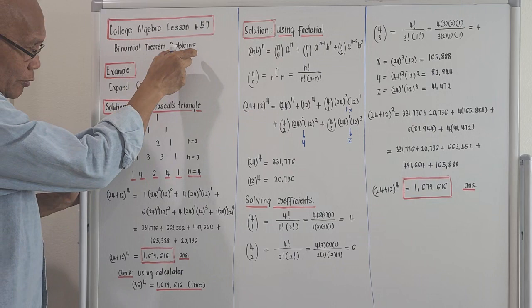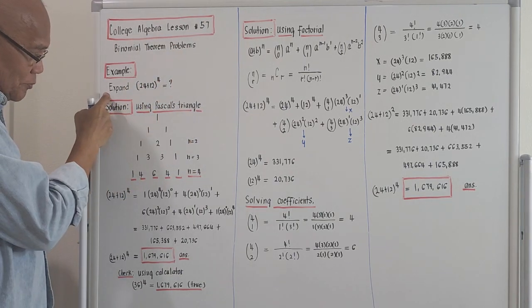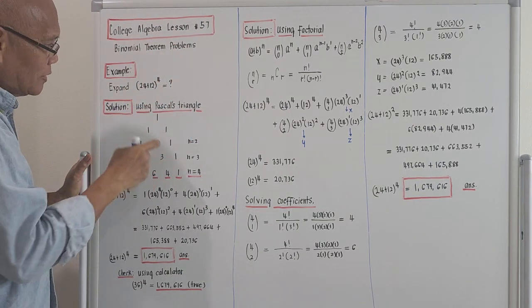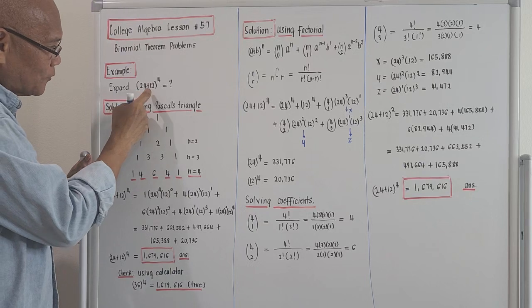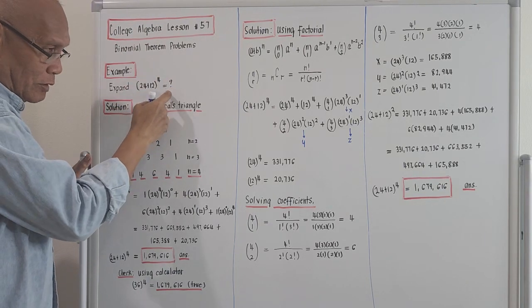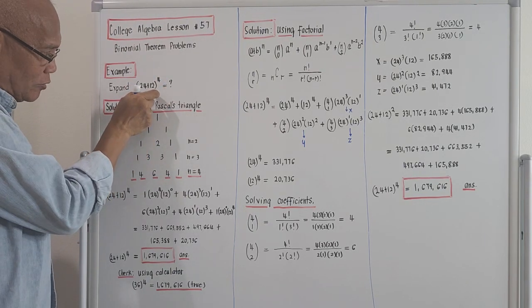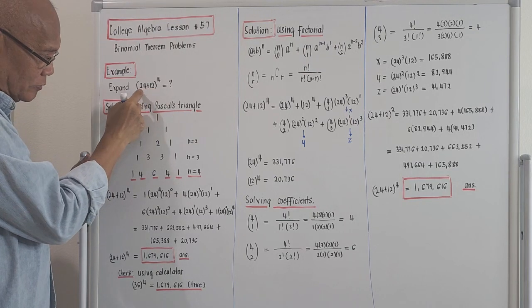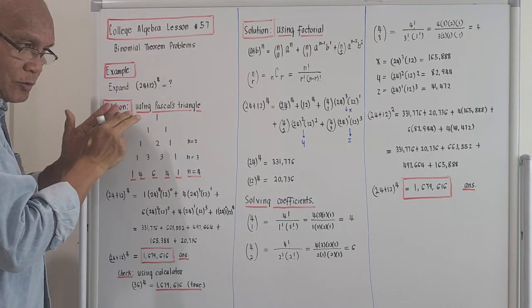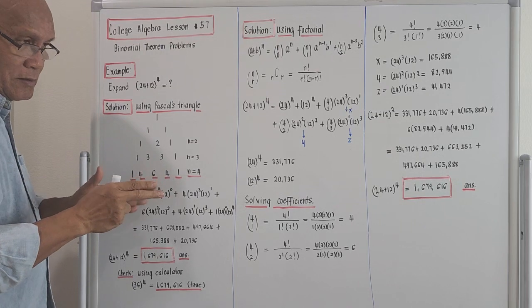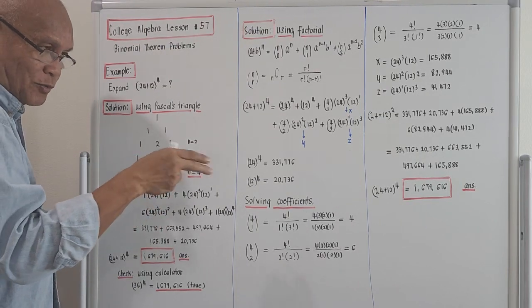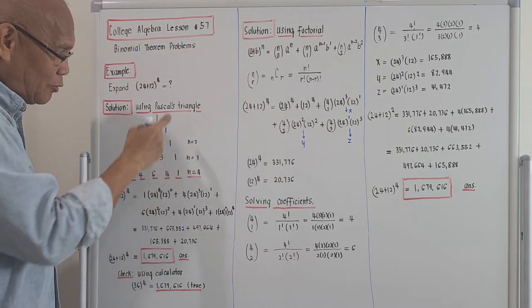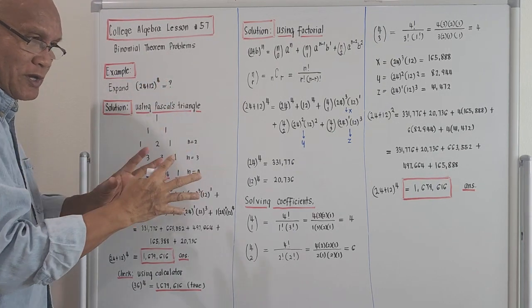Example, so we are solving problems. Expand the given binomial (24 + 12) raised to the fourth power. This is a binomial number, right? Two numbers inside the quantity, and we are to expand. I will not make the exponent too high, I will just make it 4, so we could visualize what we are doing.